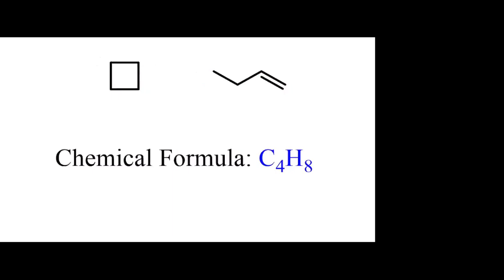I agree with the butane, but how is that different from it? Great. Thank you for putting it in the chat. The molecule on the left is cyclobutane. So the prefix is cyclo. Now, what about the molecule on the right? What's the name of that?